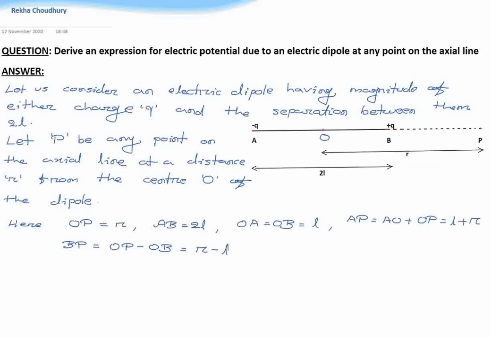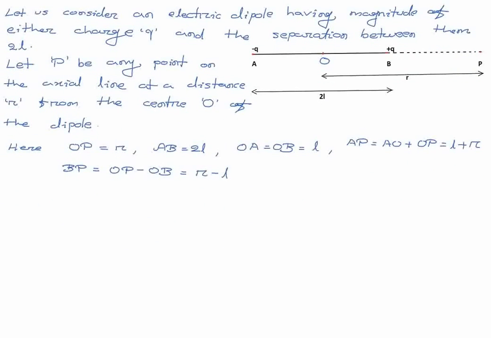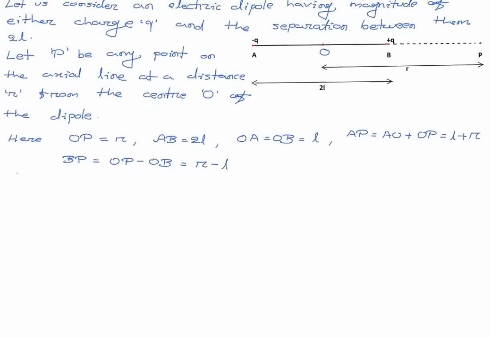So now let us find the electric potential at P due to the minus Q charge, which is at A. Suppose electric potential at P due to the minus Q charge be V1.